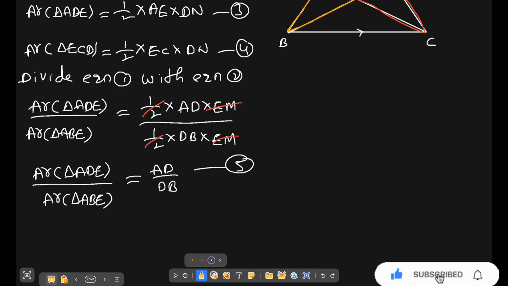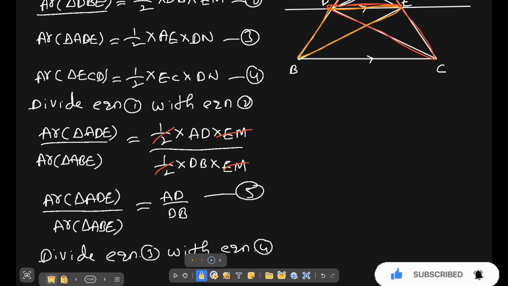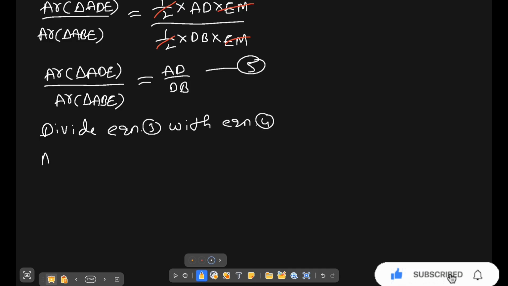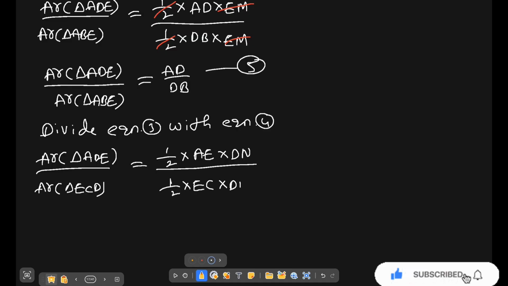Now divide equation 3 by equation 4. Equation 3 is area of triangle ADE equals half into AE into DN, and equation 4 is area of triangle ECD equals half into EC into DN.